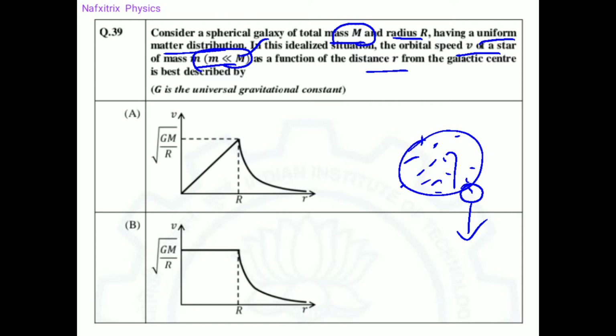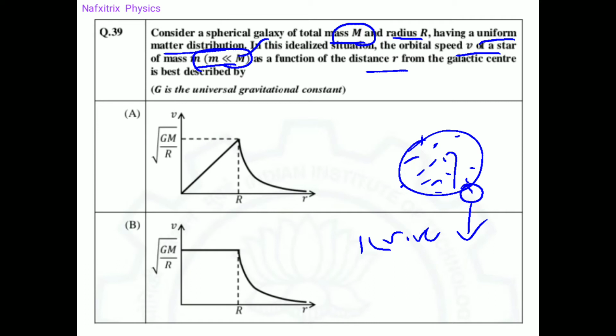It is just like taking 1 rupee from 1 crore rupees. If we subtract 1 from 1 crore rupees, it doesn't matter much, but if we subtract 1 from 10 rupees, it matters a lot. So just removing a little bit of mass from the galaxy, the mass would remain constant.